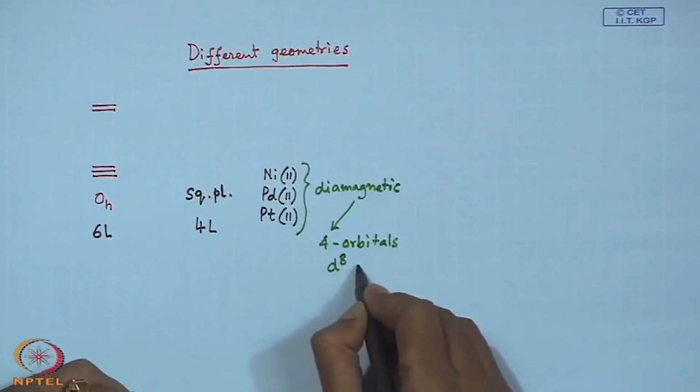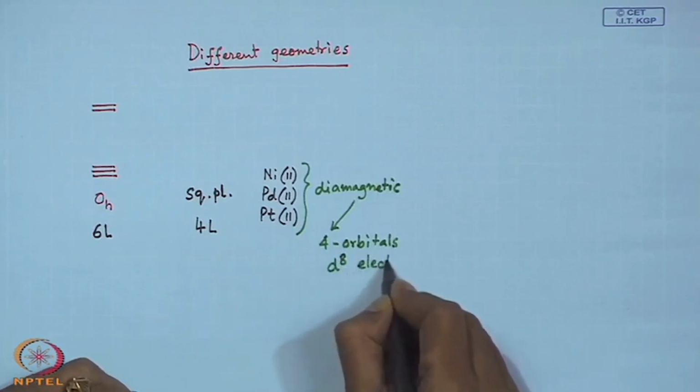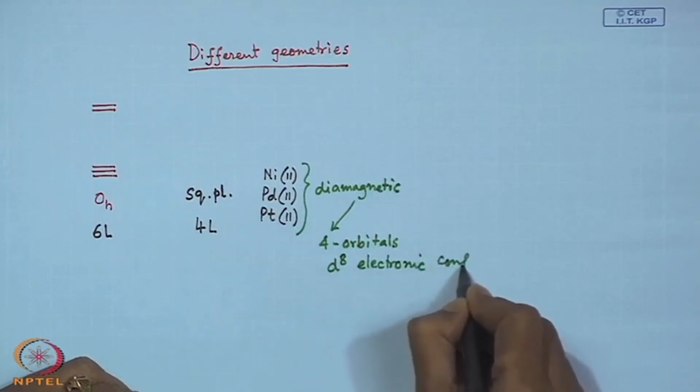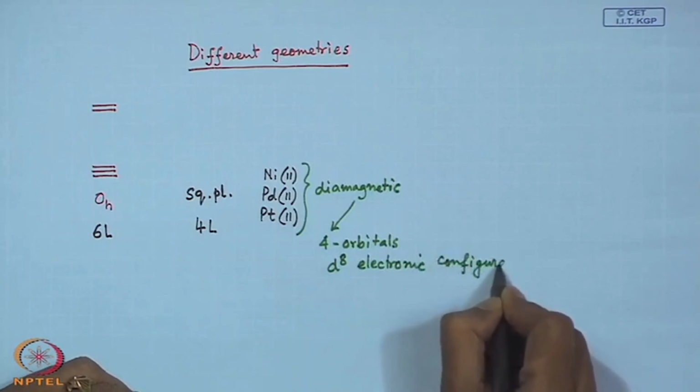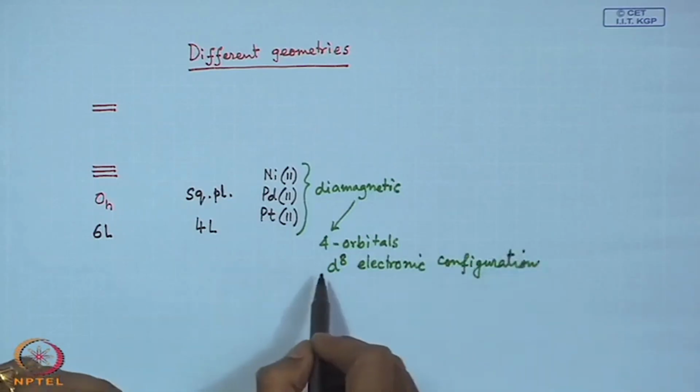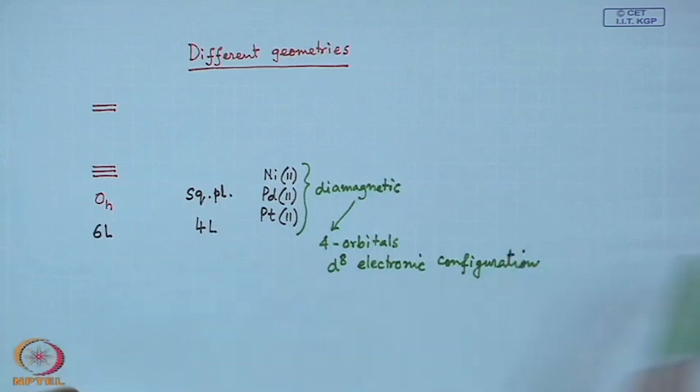So we have the d8 electronic configuration, and these electrons can be accommodated within 4 orbitals.